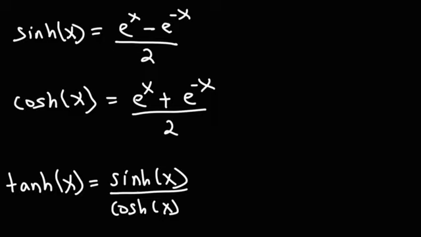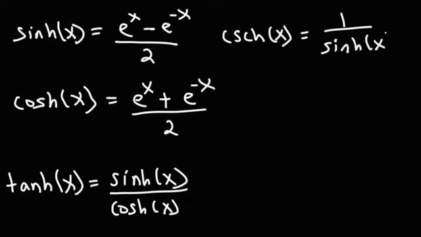Now let's talk about the reciprocal functions. Hyperbolic cosecant is simply 1 over hyperbolic sine. Very similar to how cosecant is 1 over sine. Hyperbolic secant is 1 over hyperbolic cosine.